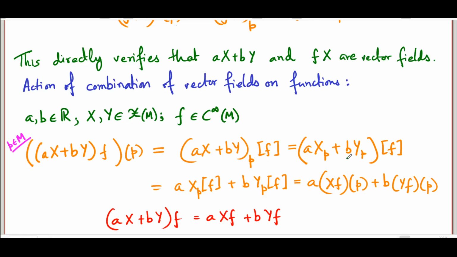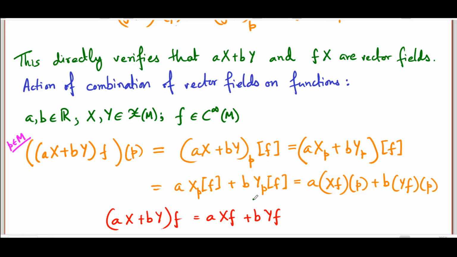And the addition of vectors is defined to ensure that this gives you a times Xp acting on f plus b times Yp acting on f. Note that this is really how the addition of vectors, or in general the linear combination that we are seeing here, is actually defined.